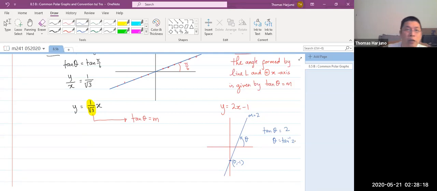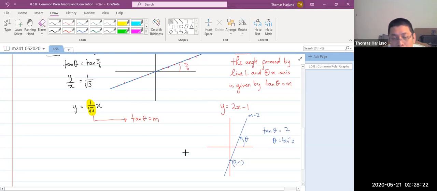Okay, now suppose I want to make it a lot scarier. You don't need to know this, but it will be nice if you know. Suppose I have another line, y equals 1/3 x plus 2. What is the angle there?